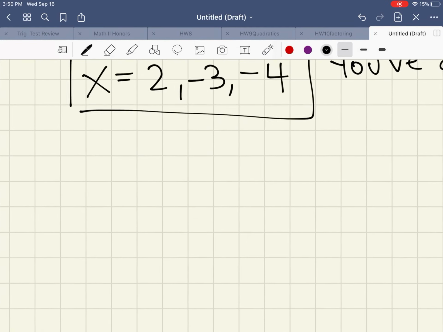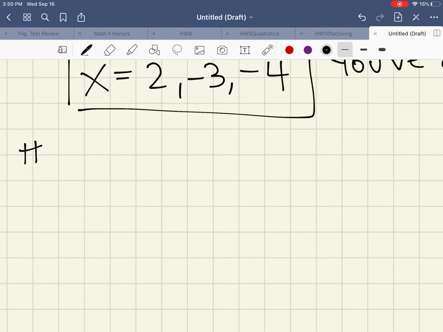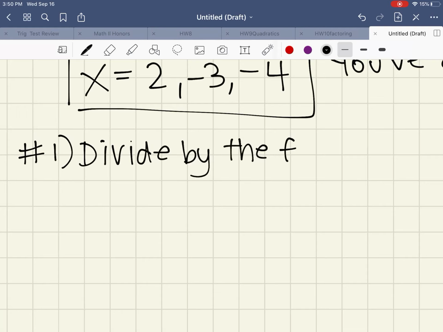So we'll just write the steps again. Step number 1, divide by the factor. Sometimes you might not be given the factor, and we'll talk in a later lesson about how you're able to find those factors using the equation. So the first step is to divide by the factor.